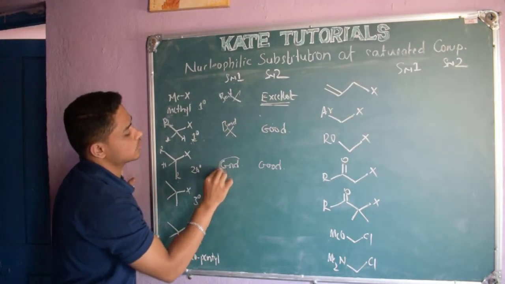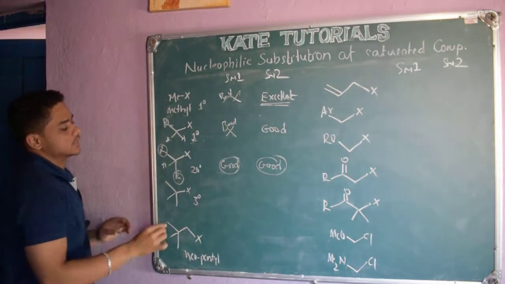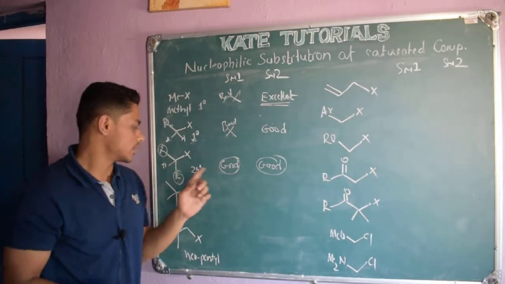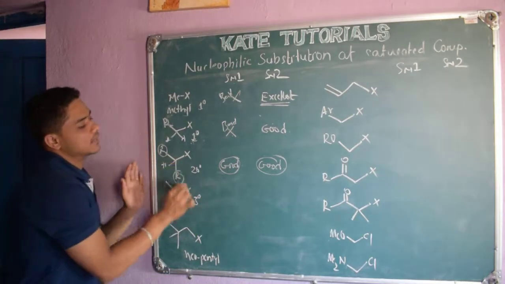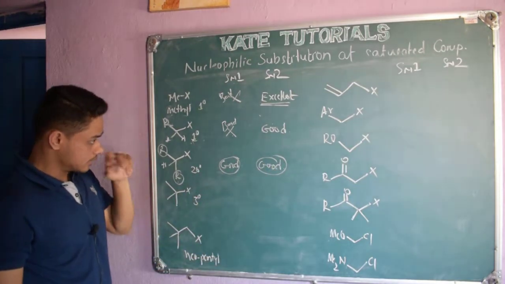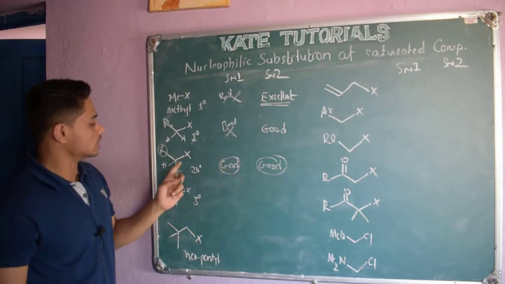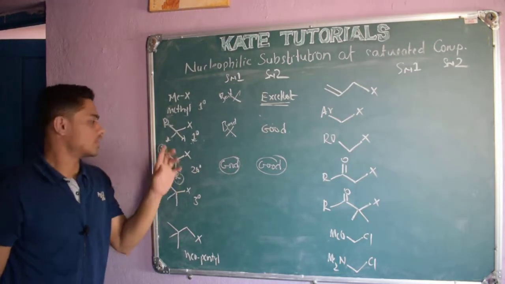It depends only on the size of this R group. If the size is very high, it will give SN1. If the size is very small, there is no steric hindrance, so the nucleophile can attack from the back and give SN2. But the majority will be SN1, because once the carbocation forms, it will be stabilized.